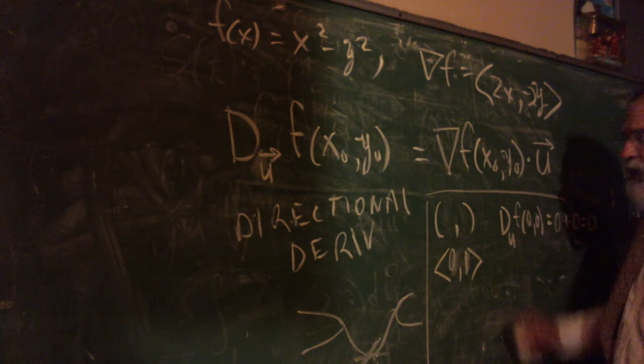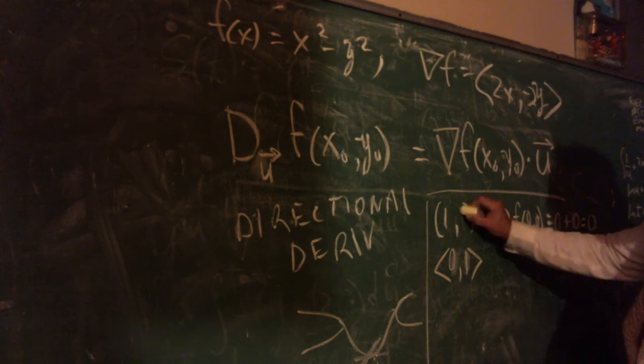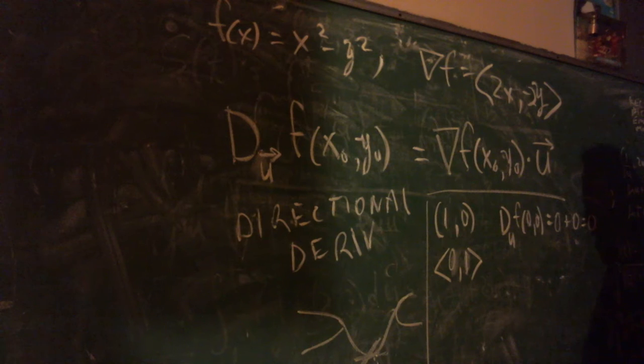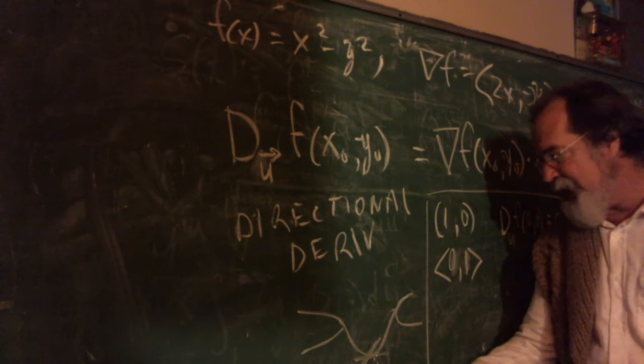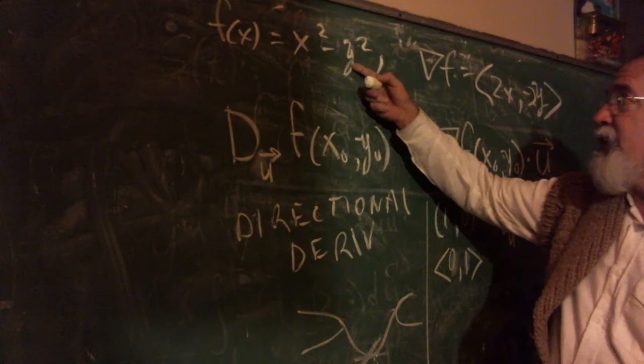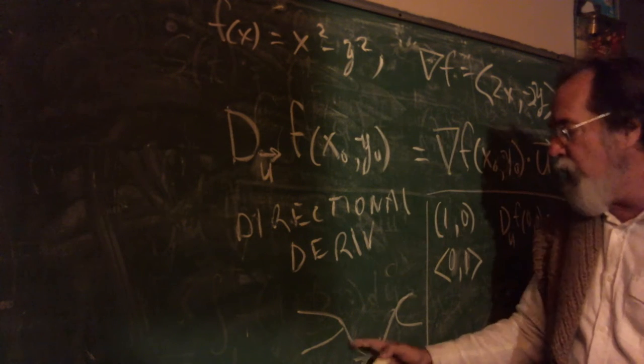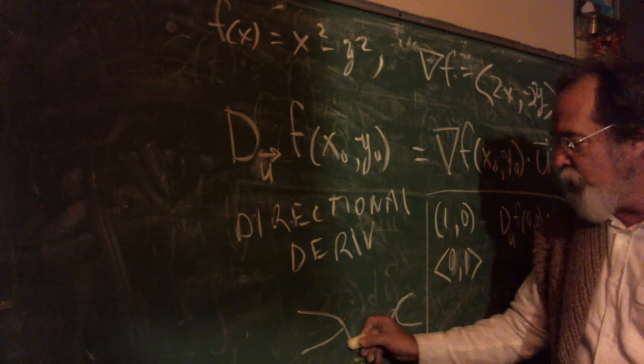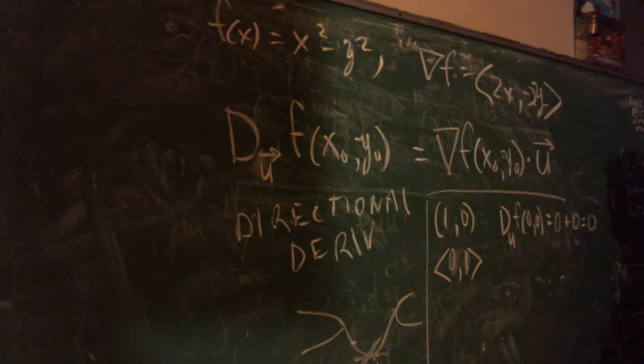Let's pick the point 1, 0. So 1, 0 is 1 along the x-axis, 1 on the x, 0 on the y. Z is going to be 1. So we're up on this part of the slope. The z coordinate's positive.